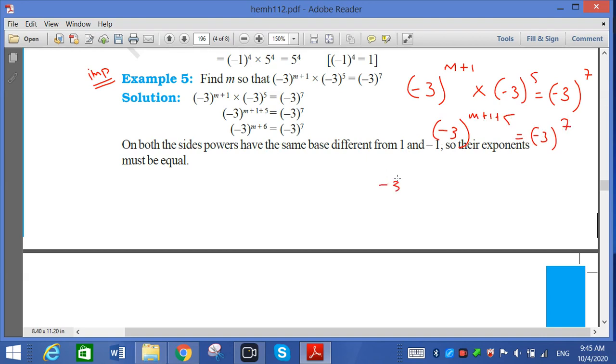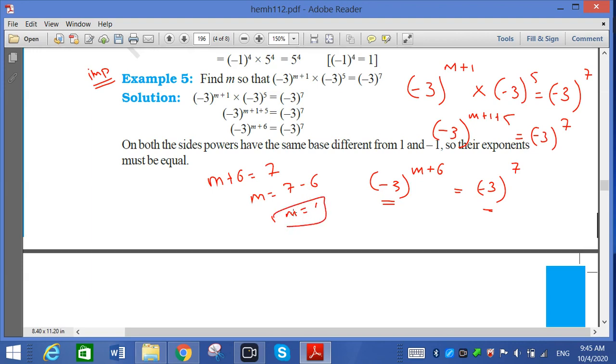So minus 3 the power m plus 6 is equal to minus 3 the power 7. Now the bases are the same, so we can compare the powers. So m plus 6 is equal to 7. Therefore m is equal to 7 minus 6. Therefore m is equal to 1.